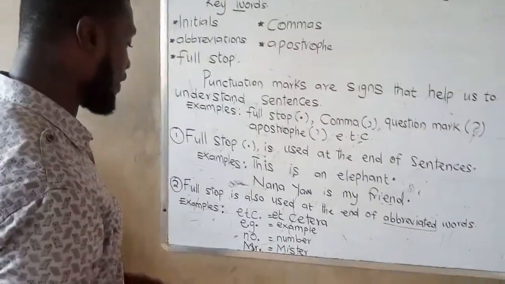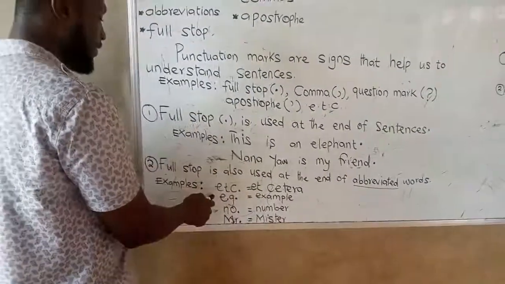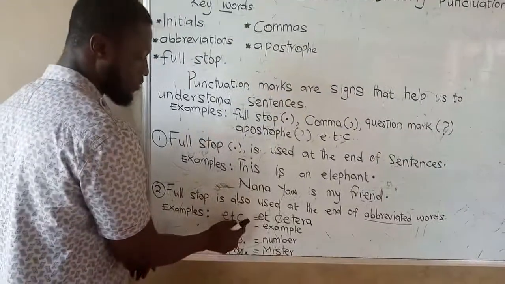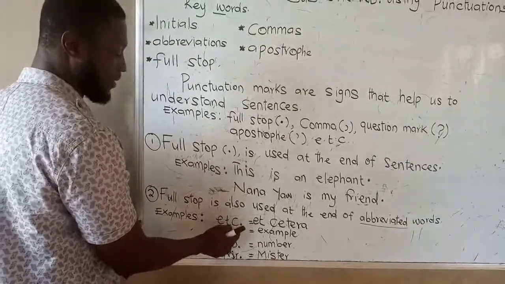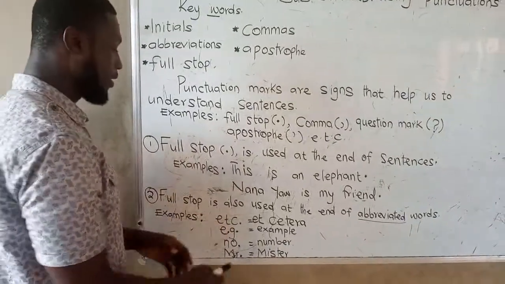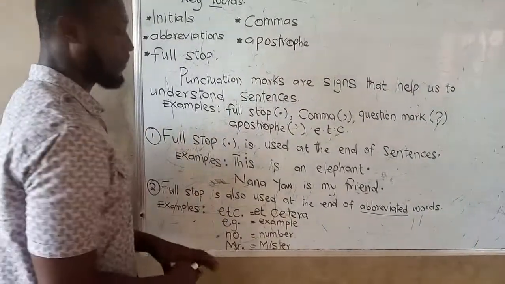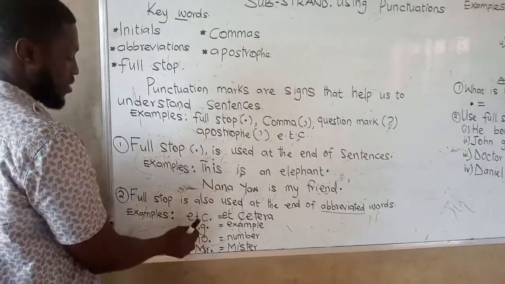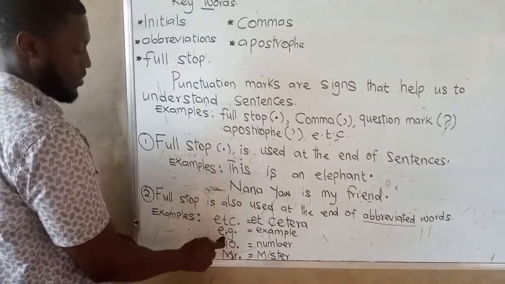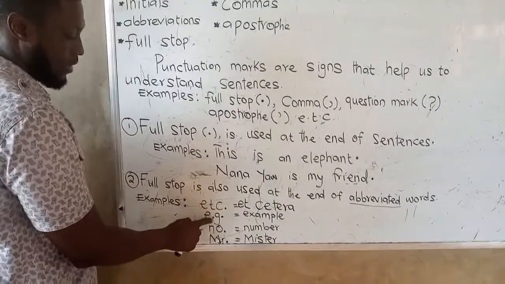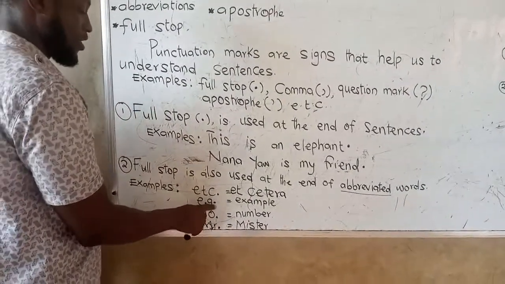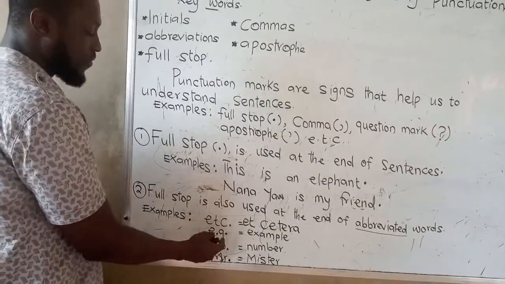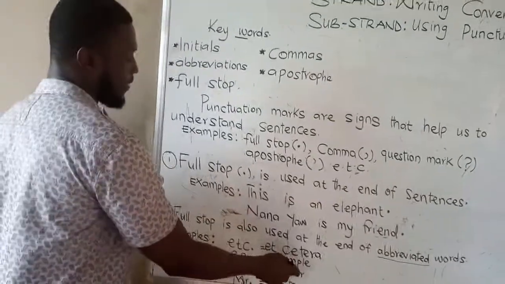Examples of such words are etc., and you can see a full stop has been brought at the end of the etc. Then e.g., full stop has been brought here, at the end of the e and then at the end of the g, to show that it is an abbreviated form of example.